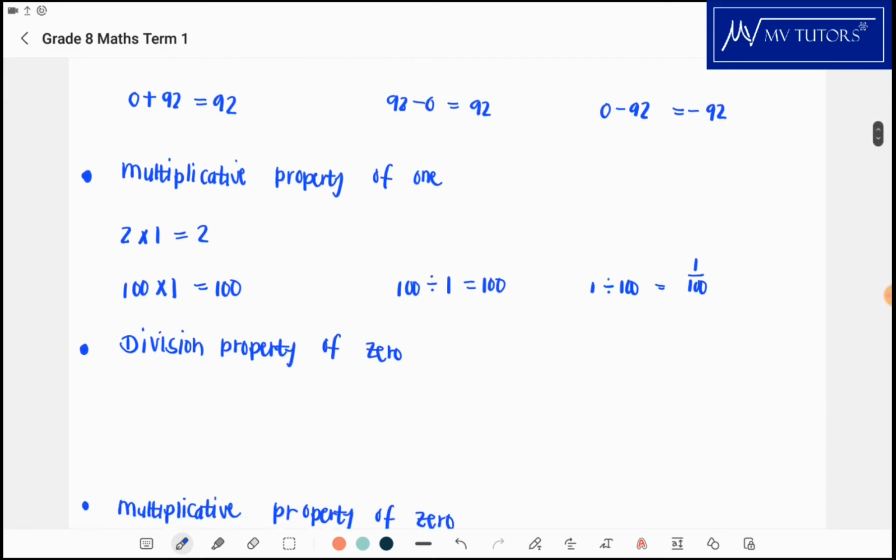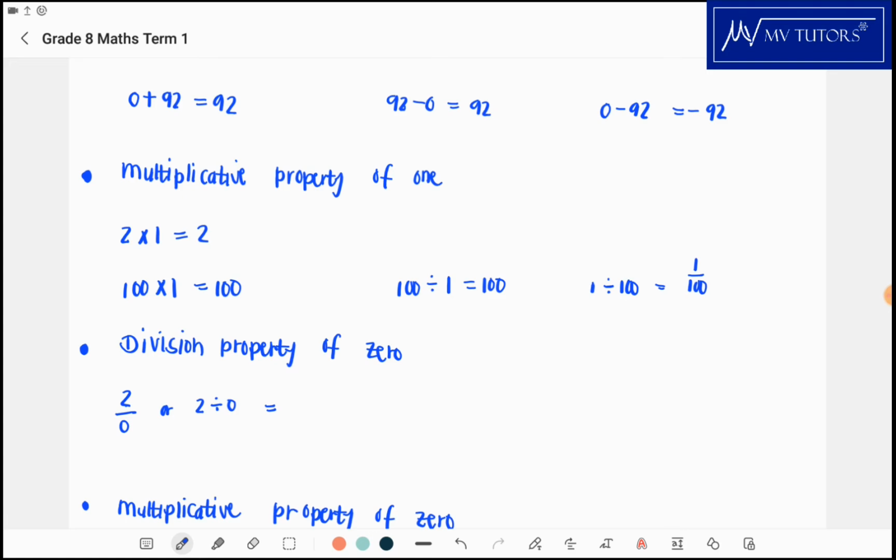division property of 0. So what does that mean? It says when we divide a number by 0, the number is undefined. What do you mean by undefined? If I'm going to say 2 divided by 0, it means that that number is so big, I cannot define it. Okay?